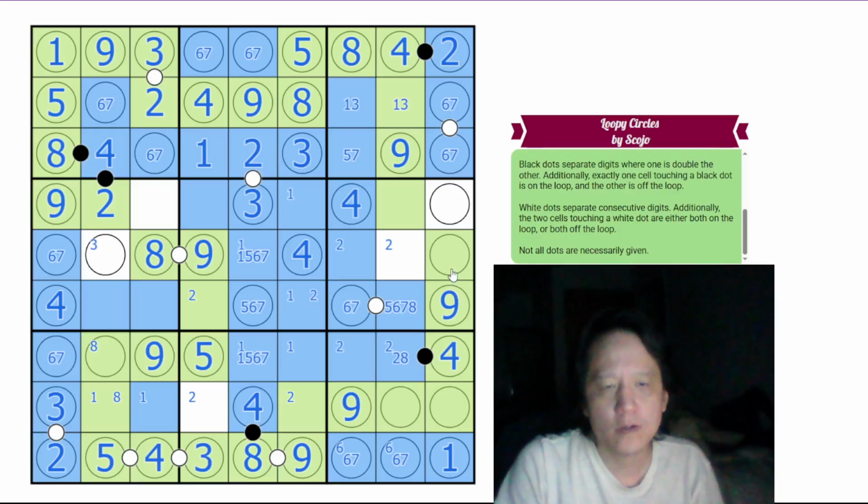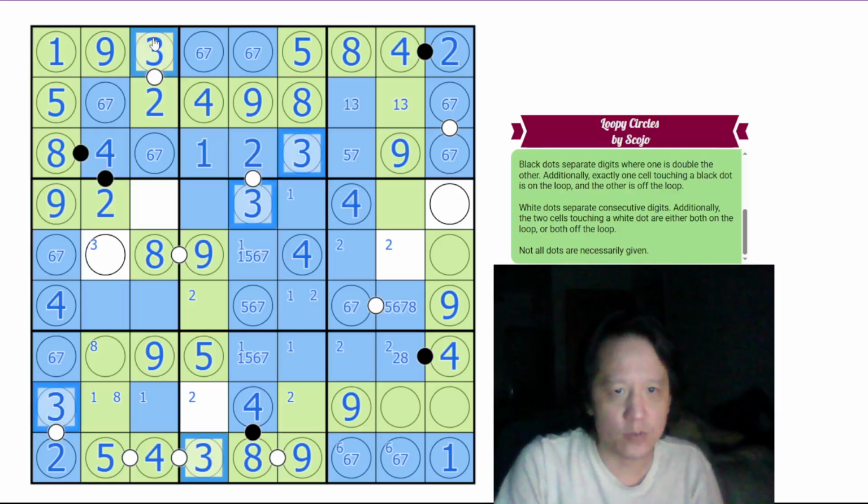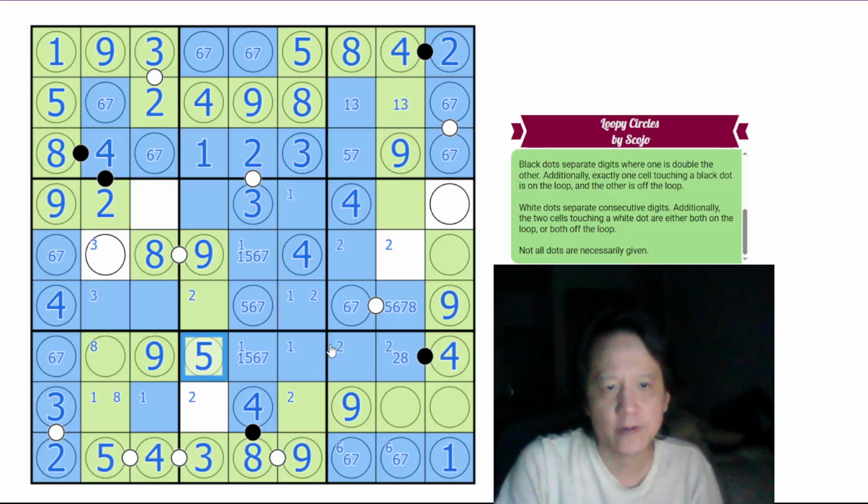Okay. This cannot be 8 or 9 or 4. We have a 3 here on the loop. 3 here. Okay, so we have 3 of the 3s in circles not on the loop. This could still be 3 here. I don't know why I just eliminated that. Let's just look at the remaining digits. This cannot be 6 or 7 on the loop.